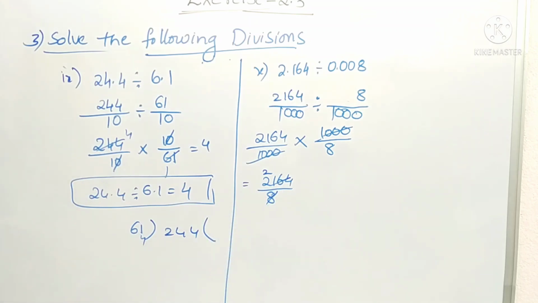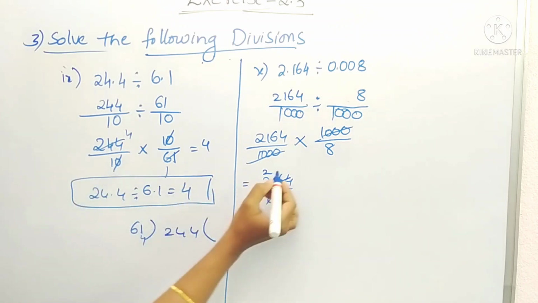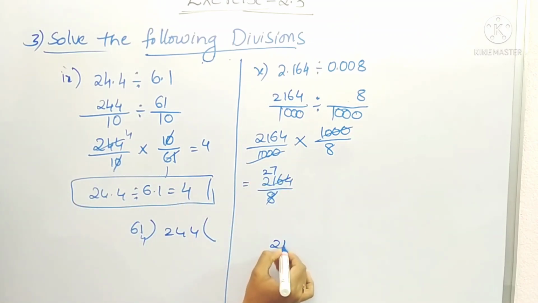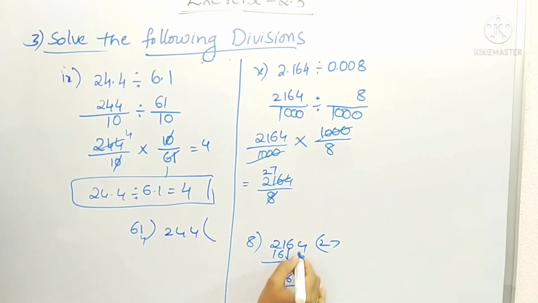So 8 7s are 56. So see, don't get confused here. 8 2s are 16. Here 5 will be there and it is 6. 8 7s are 56. Here nothing will be there. And next number 4. It is less than 8.